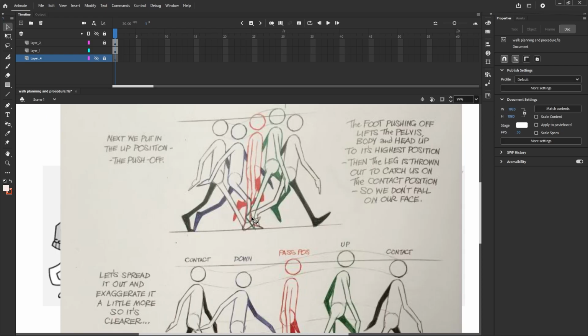So first we have to create one character, trace the character and position all the animated body parts. Walking animation is an example of frame by frame animation, so mostly we use frame by frame animation.